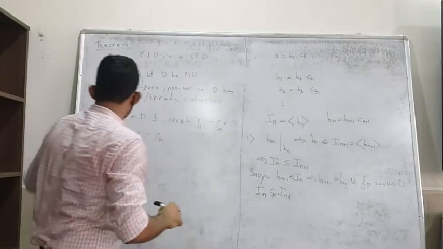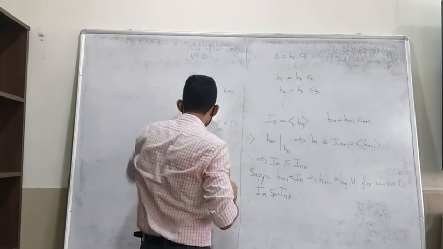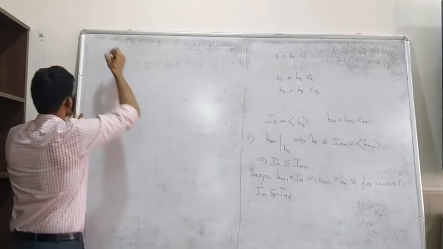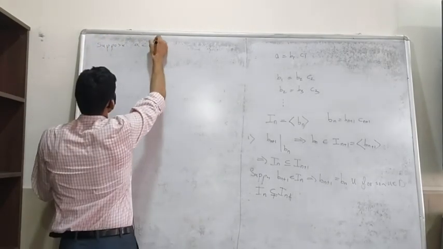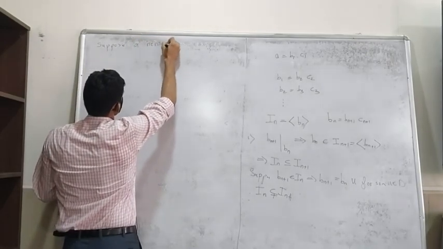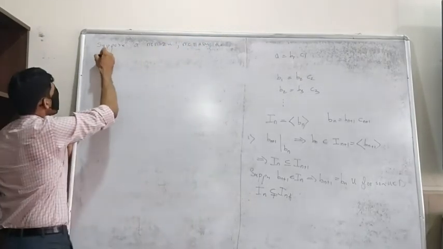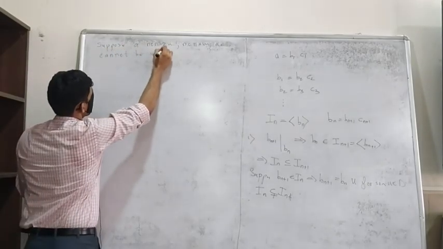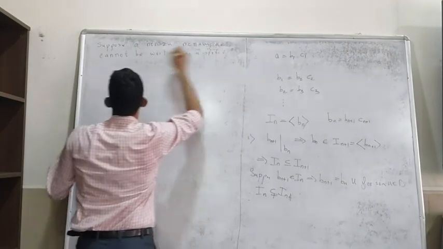Okay, so to prove the second one, again we are going to use the same idea. Assume that A cannot be written as a product of irreducibles. So suppose a non-zero non-unit A in D cannot be written as a product of irreducibles.